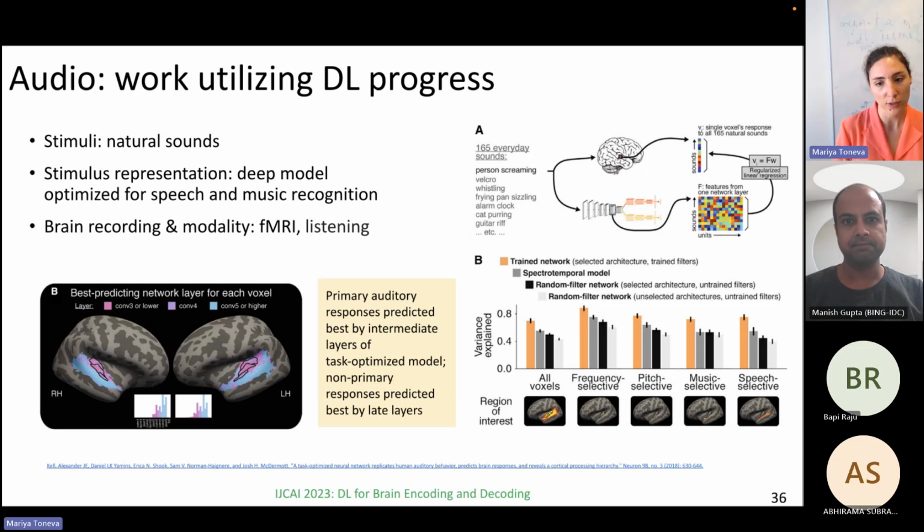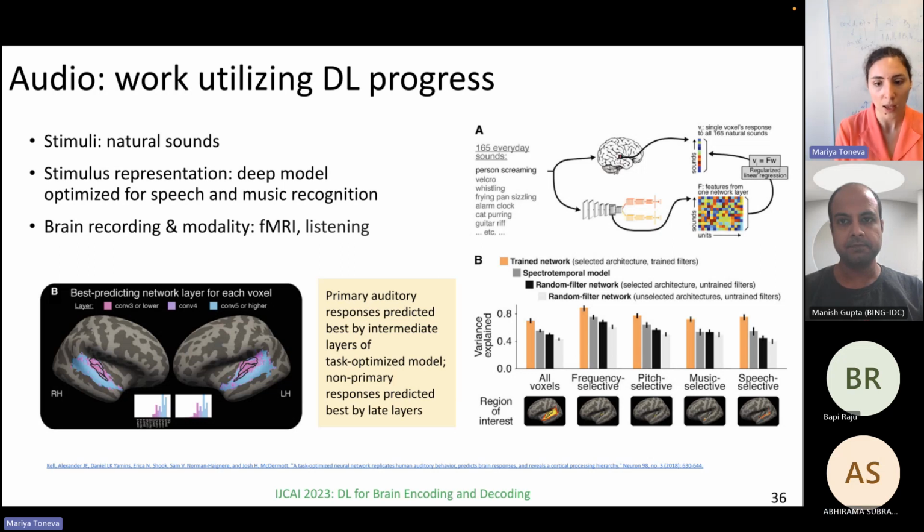So this again matches the understanding that in a task-optimized network, the higher layers match more with higher areas of processing in the brain, and the earlier and intermediate layers are more like the early processing in the brain.